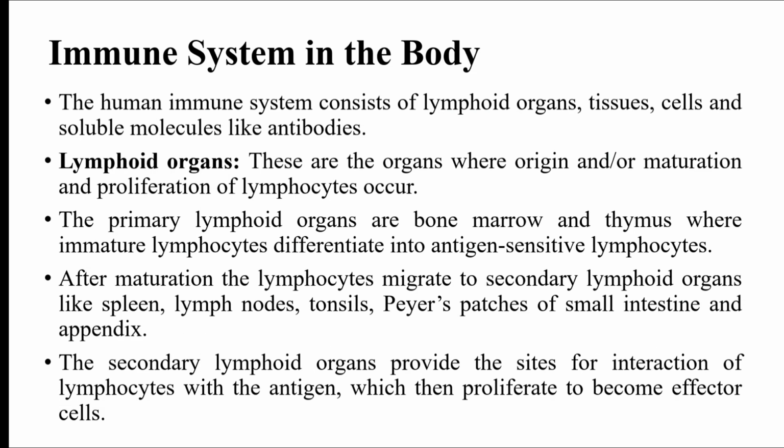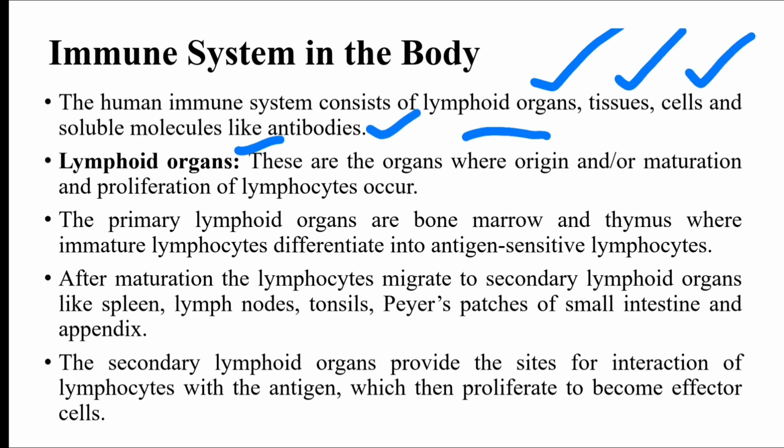Then the immune system of our body. The human immune system consists of lymphoid organs, tissues, cells and soluble molecules like antibodies. Then what is a lymphoid organ? Lymphoid organs are organs where origin, maturation and proliferation of lymphocytes occur.